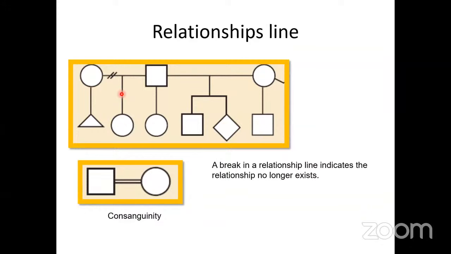that means this relationship no longer exists. It may be divorce, separation, whatever it may be. If there are two lines, then it indicates consanguinity. Remember one thing: whenever we are taking a pedigree and there is consanguinity, make sure that you are able to establish how this consanguinity has come into the picture.